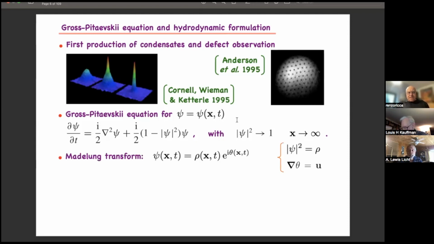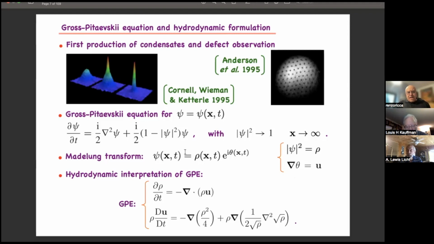Now, in 1927, Madelung introduced this transform by coupling the so-called fluid density, although it is a gas of bosons, rho, with theta, and theta is the phase of the wave function. If we take grad theta, we can create a vector, and we can show that this vector plays the role of a velocity field u of a virtual fluid.